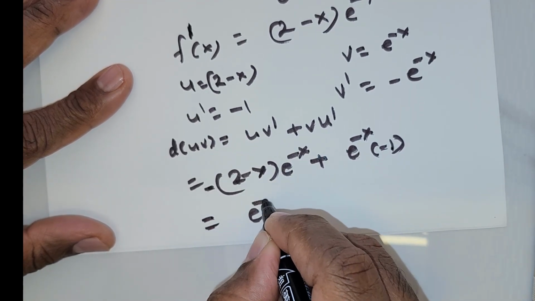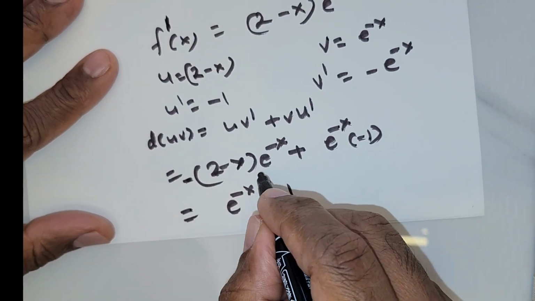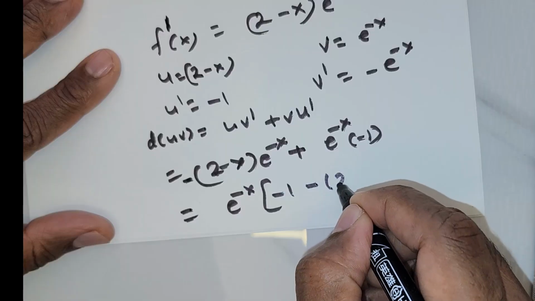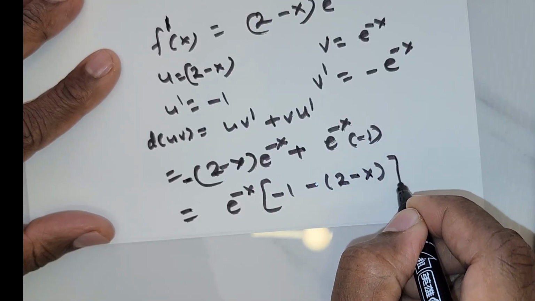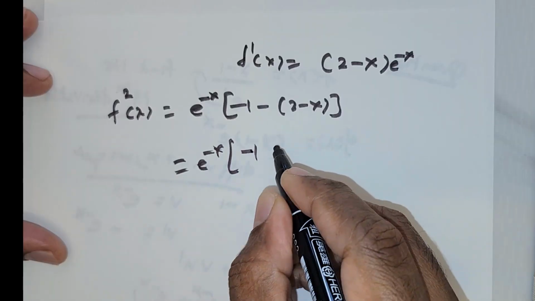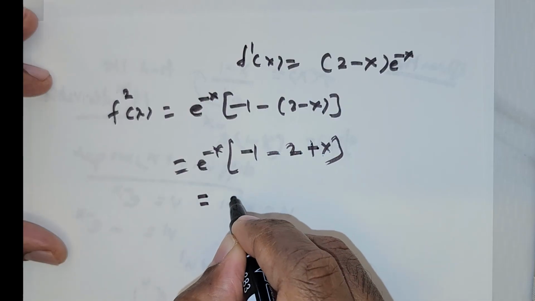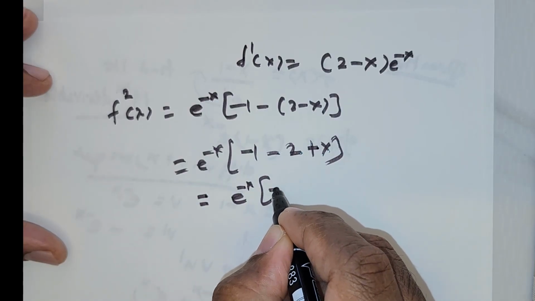So if I take e raised to the power of negative x out, I would have a negative 1 here followed by negative of (2 − x). So I can rewrite this as e raised to the power of negative x times (negative 1 minus 2 plus x).